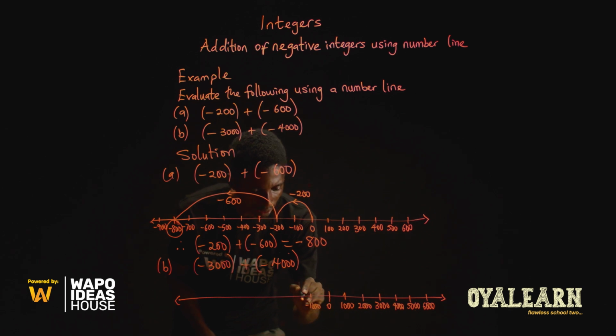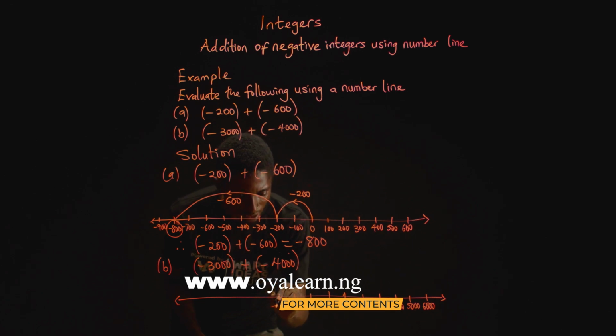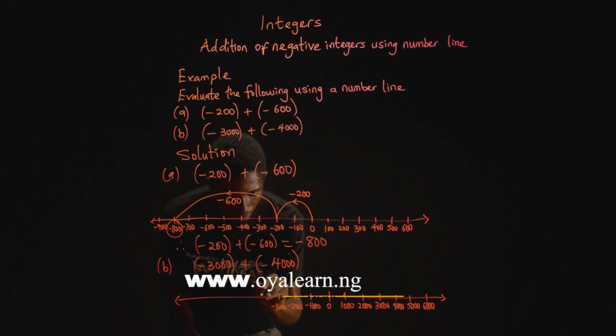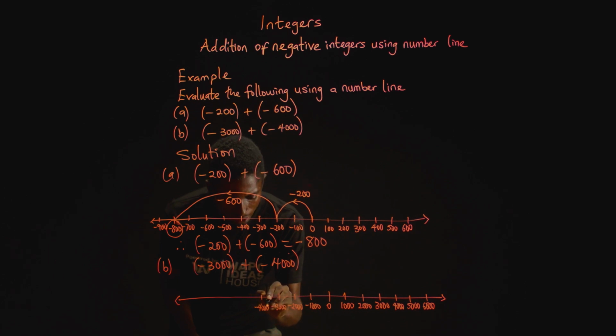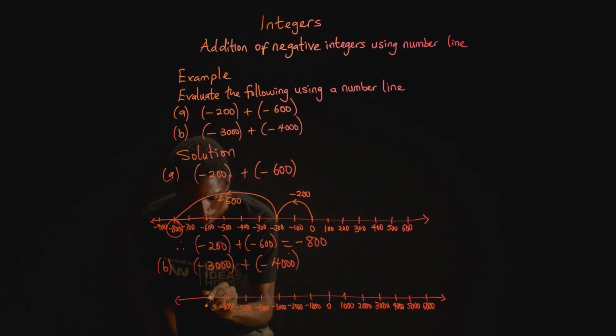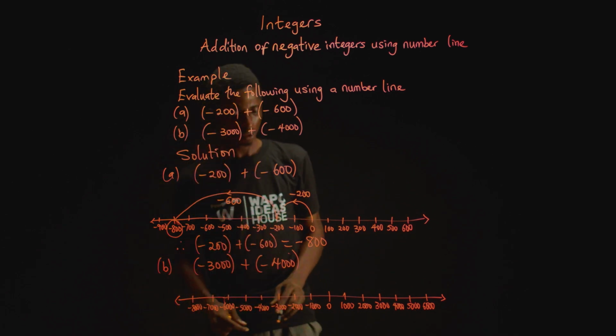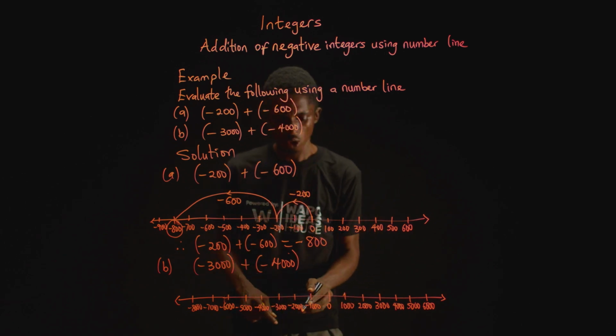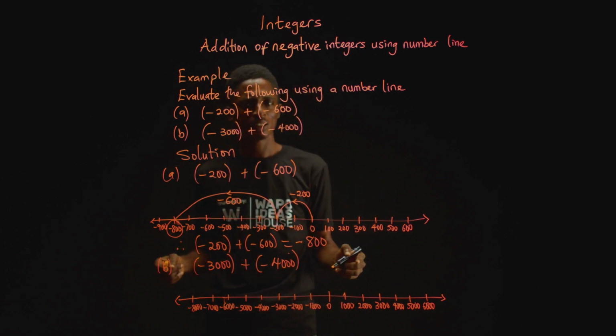Minus 1000, minus 2000, minus 3000, minus 4,000, minus 5,000, minus 6,000, minus 7,000, minus 8,000. Good. Starting from 0 now, we are going to move how many steps to the left?